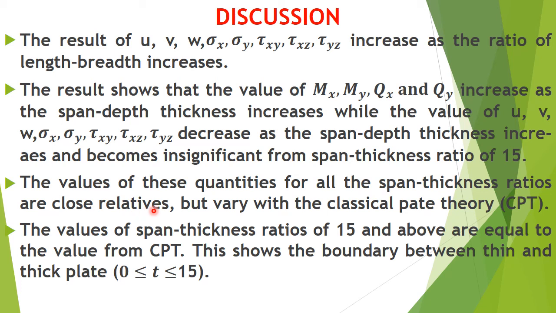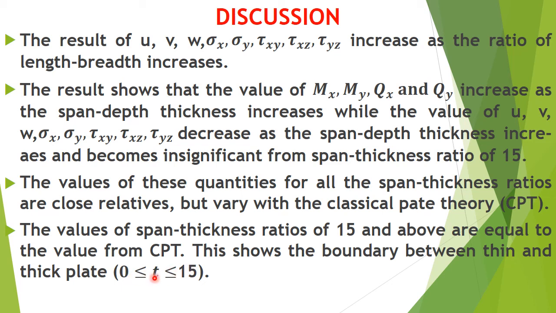So when we look at those things, we now find that the values of these quantities from all the span thickness ratios are relatively close, but vary from classical plate theory. So the values at a span thickness ratio of 15 and above are equal to the values from CPT.